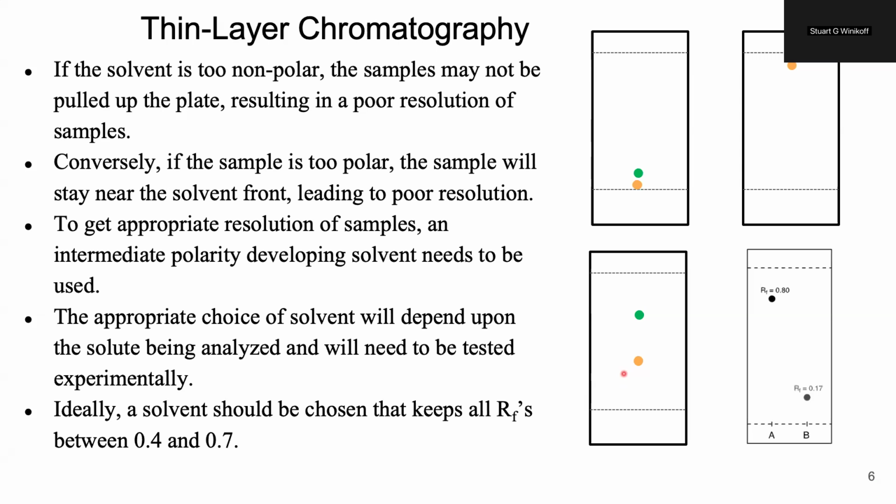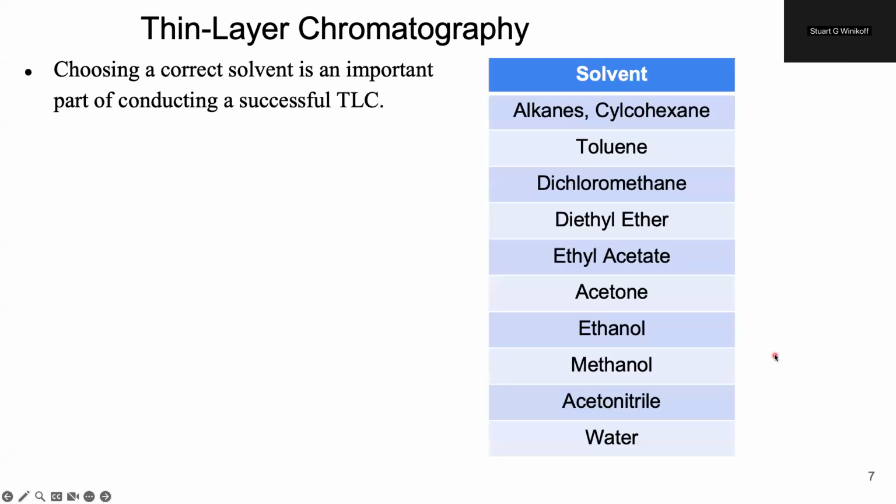And again, the ideal is going to keep all of those RF factors between 0.4 and 0.7. However, do note that sometimes if you have both a very polar and a very nonpolar substance, you may have to go a little bit outside of those. But again, trying to keep all of your samples as much in this middle 0.4 to 0.7 zone is going to be the best option.